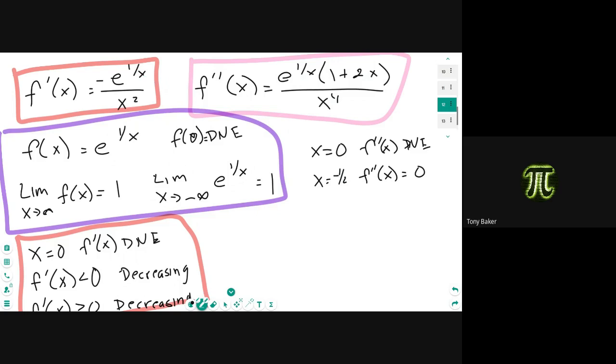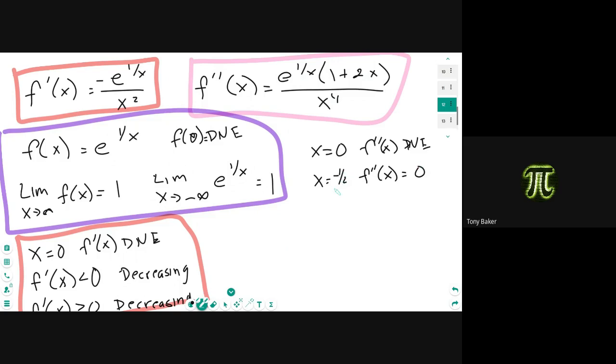Coming from the positive side, the denominator gets infinitely small, which means this goes to positive infinity. From the other side, it basically goes to 0, because that's going to 0 and that's going to 0.